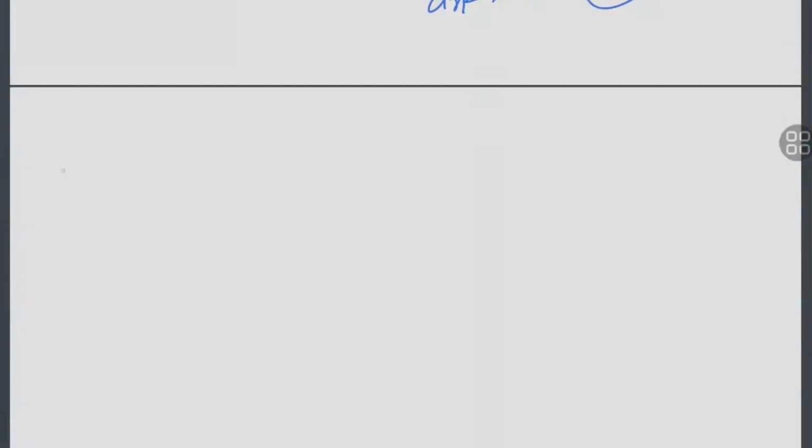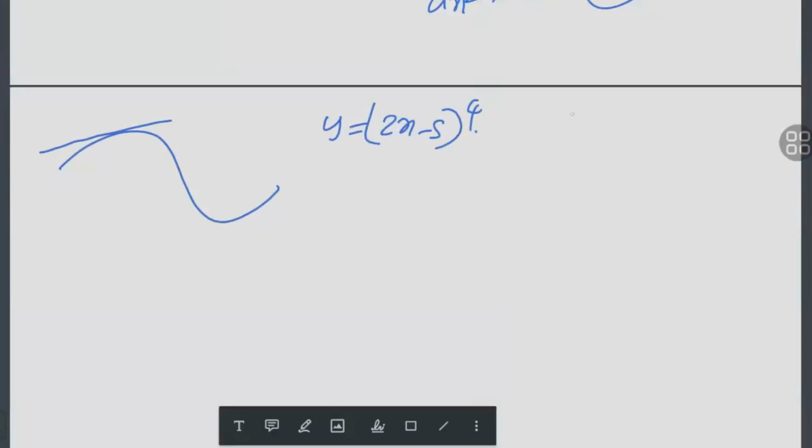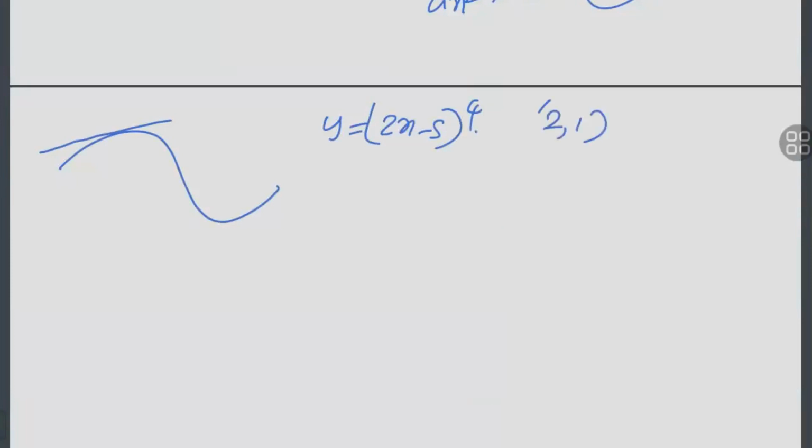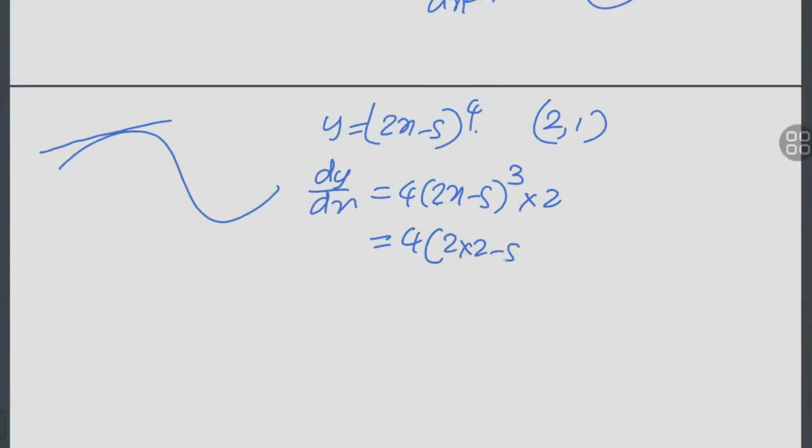Now, if they ask you to find the tangent equation, let's say y equals 2x minus 5 to the power 4 at 2 comma 1. Tangent equation: normal differentiate, then substitute. This is 4 into (2x minus 5) cubed into 2. Substitute x equals 2, you are getting the tangent gradient. 2 into 2 minus 5 cubed into 2, right?